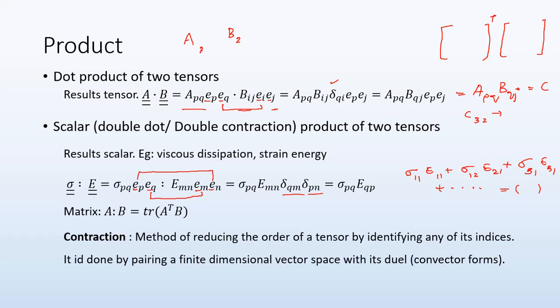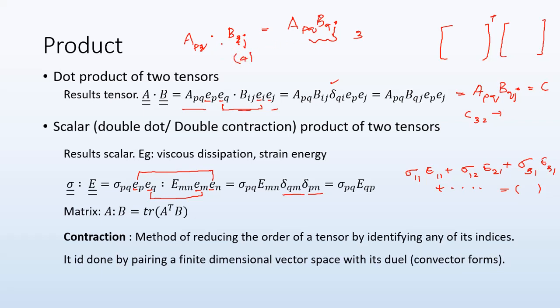So here what you have is 4 different indices. Now when you dot product this, you will get something which can be reduced. So your reduced answer was A_PQ B_QJ. Here you have only 3 indices. When you started, you had A_PQ B_IJ. Here you had 4 indices.